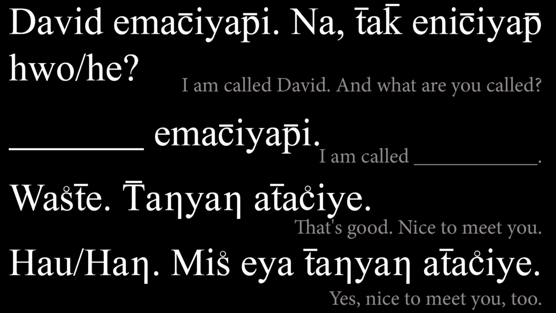All right. So, again, repeat after me. This time I'll say the sentences, okay? Washte, dayan atachie. Listen to the music. Washte, dayan atachie. That means it's good. Nice to meet you.